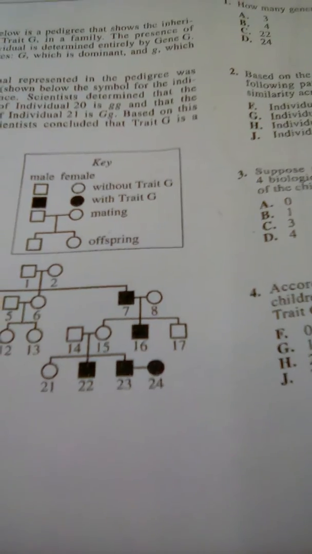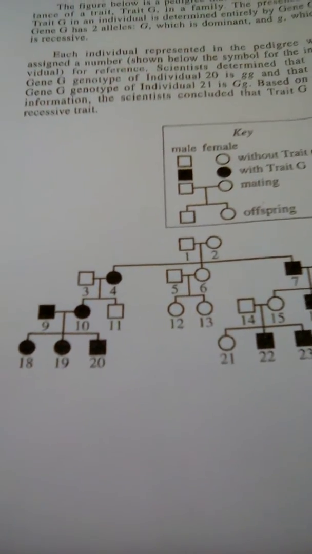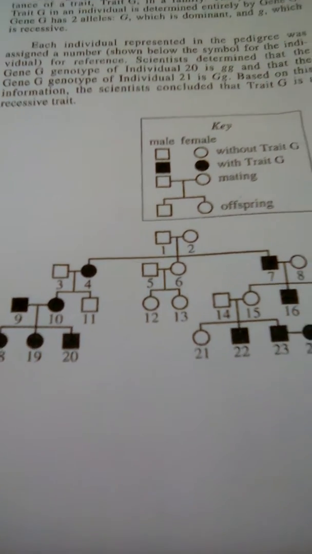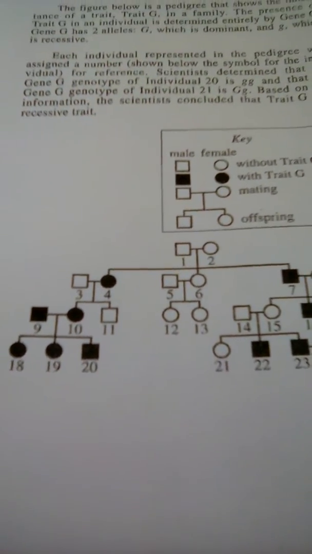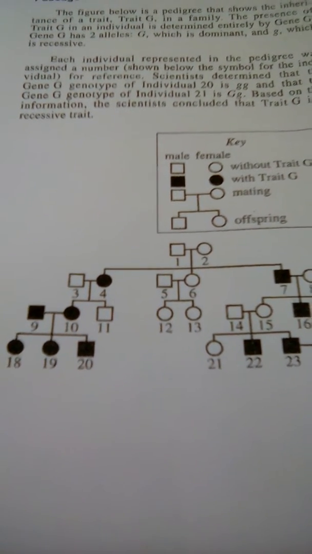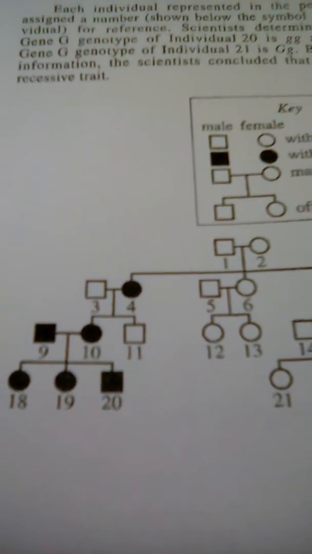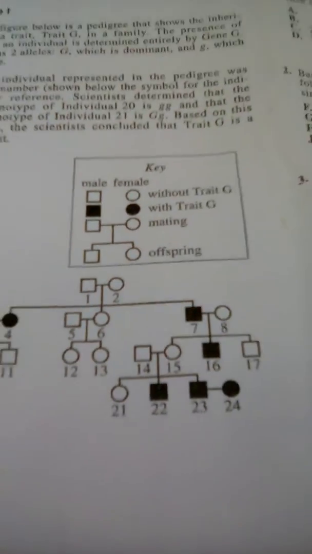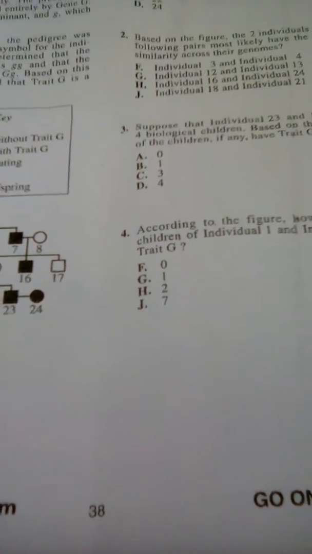That is one of the answers. And 10 is directly related to 1 and 2. But 10 mates with 9, a recessive gene holder. But 9 is not a grandchild of 1 and 2 because there is no relation between individual 9 and individuals 1 and 2. So 2 must be the correct answer, H.